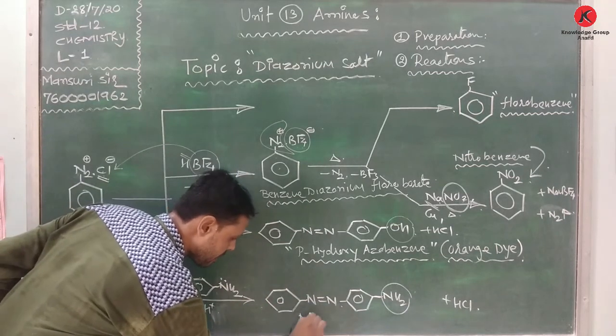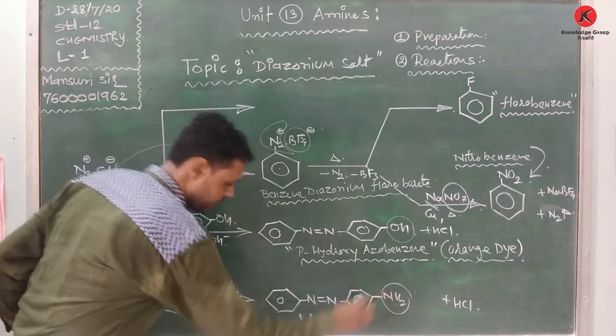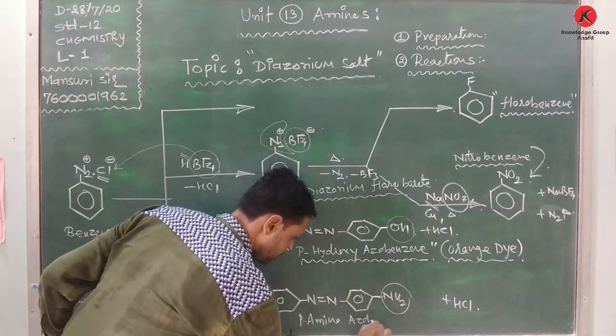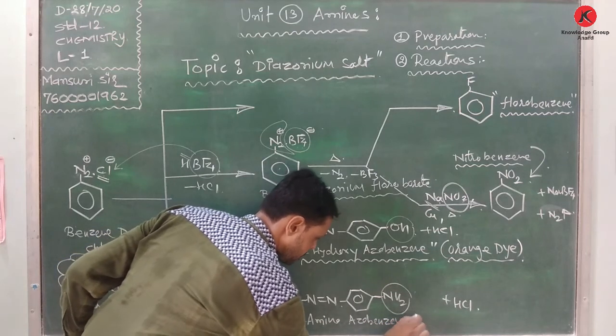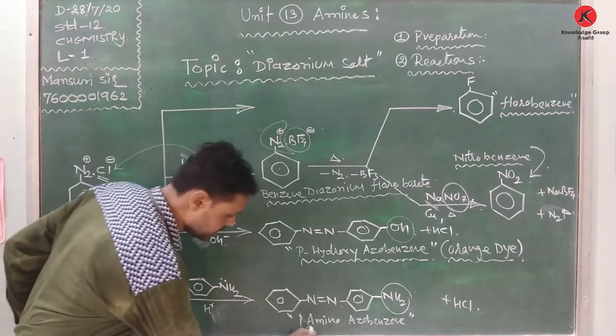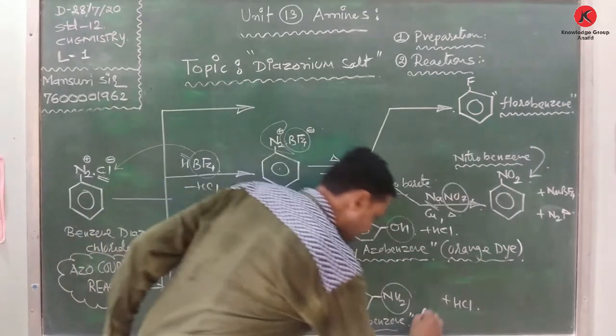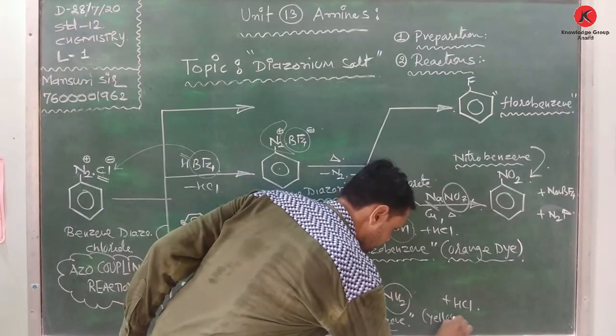So para-aminoazobenzene is formed, and this is a yellow dye.